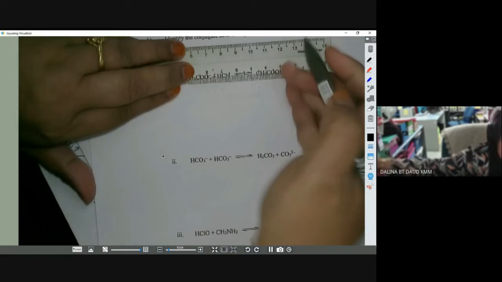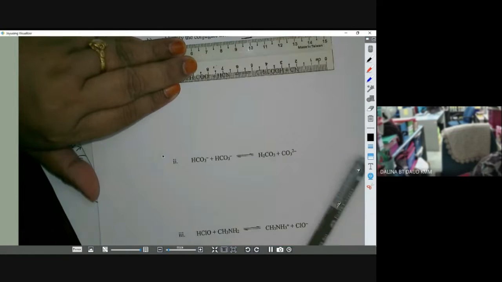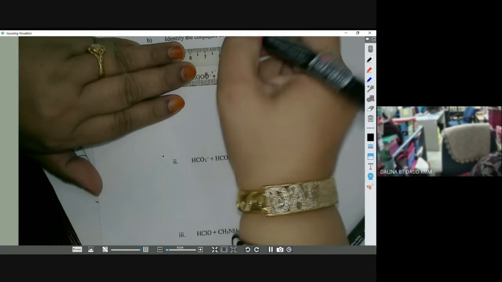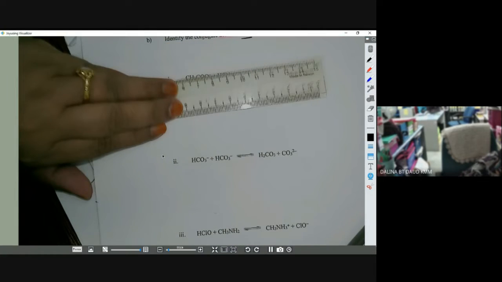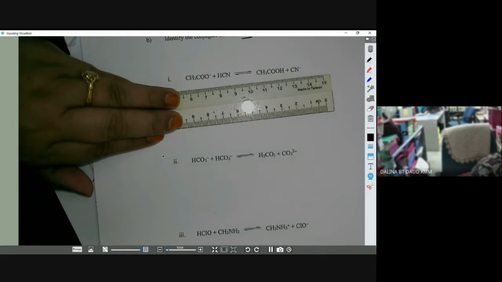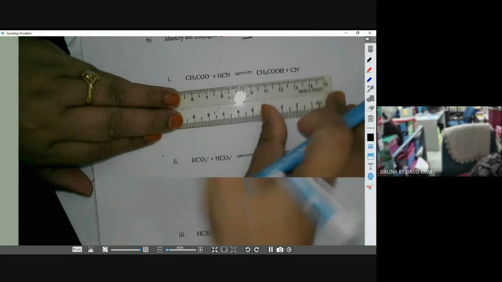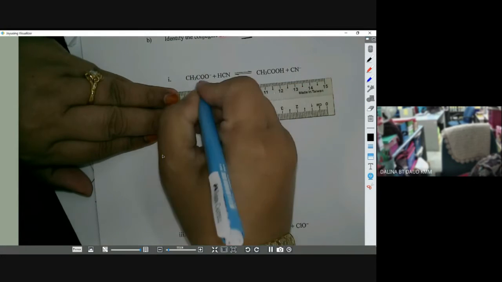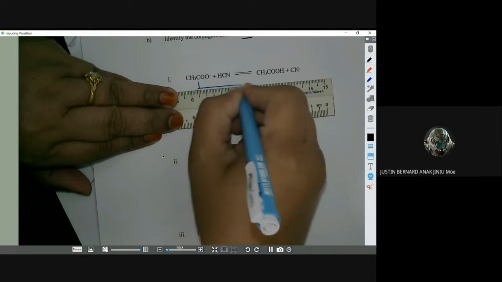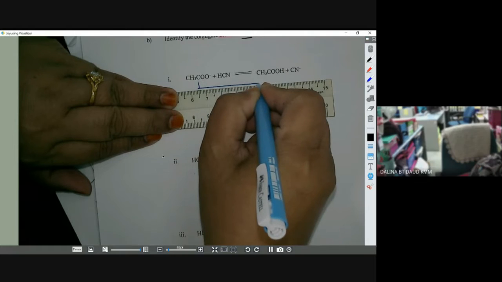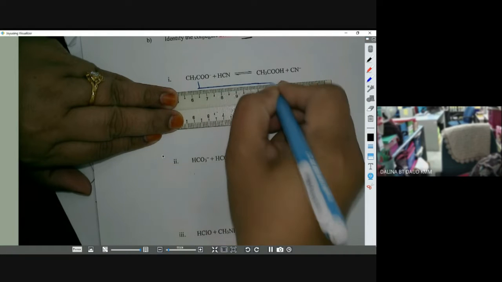Pair kat sini. So, untuk pair kita tengok. Okay, CH3COO minus. So, pair dia yang mana? Pair produk dia, CH3COOH. Yes. So, this is the pair.